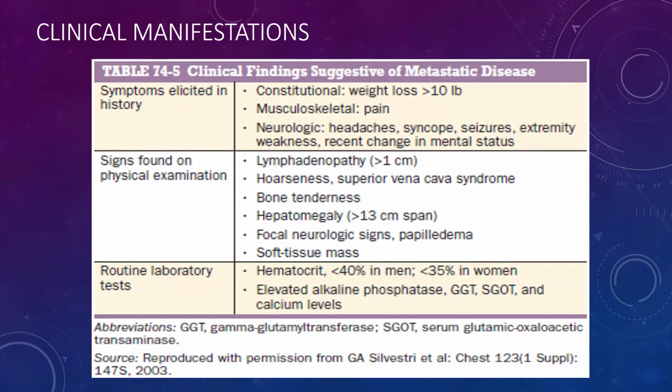On physical examination, if you encounter lymphadenopathy more than 1 centimeter, hoarseness, superior vena cava syndrome, bone tenderness, hepatomegaly, focal neurologic signs, papilledema, or a soft tissue mass, then again, think of metastatic disease. And when you do laboratory testing and encounter anemia, hematocrit less than 40% in men and less than 35% in women, elevation of the liver enzymes, or elevation of the calcium levels, then again, you have to work up these patients for metastasis.